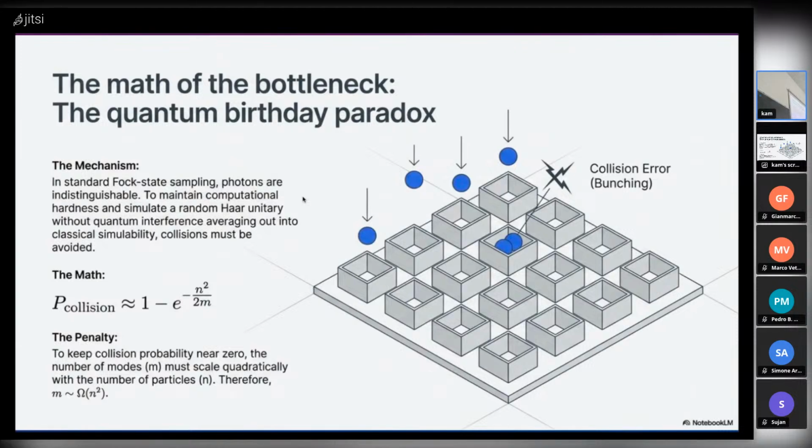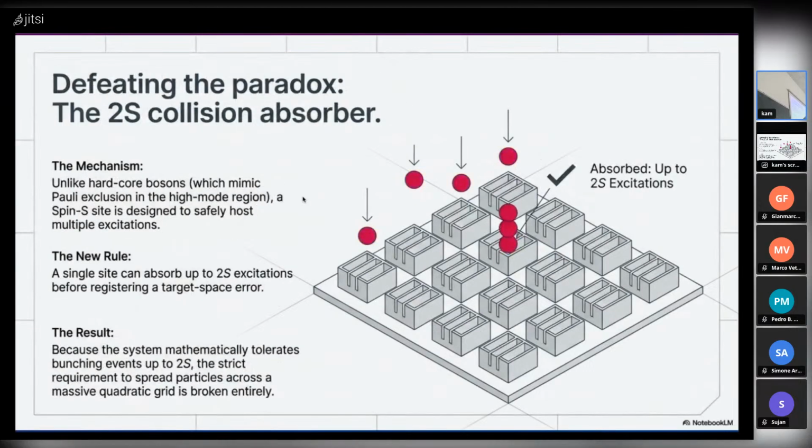Because the collision probability scales with n squared over m, you need this to be as small as you can. So now you see why m scales as the number of photons squared.